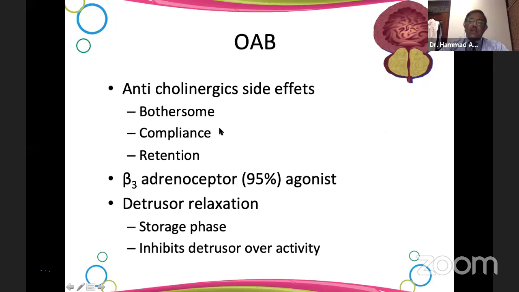It's important that these patients should be on anticholinergics, and for those who cannot tolerate anticholinergics, you have beta-3 adrenoceptor agonist, which includes mirabegron, and it's available in Pakistan now. The typical side effects of anticholinergics like dry mouth, constipation, and dry eyes are prevented by mirabegron.